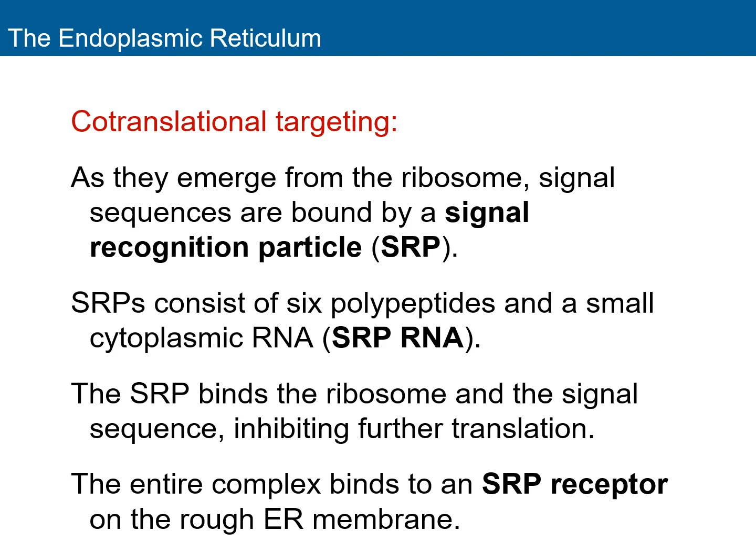These recognition particles consist of 6 polypeptides and a small cytoplasmic RNA molecule. So those are ribonucleoproteins, RNPs. They have both proteins and RNA molecules in them.